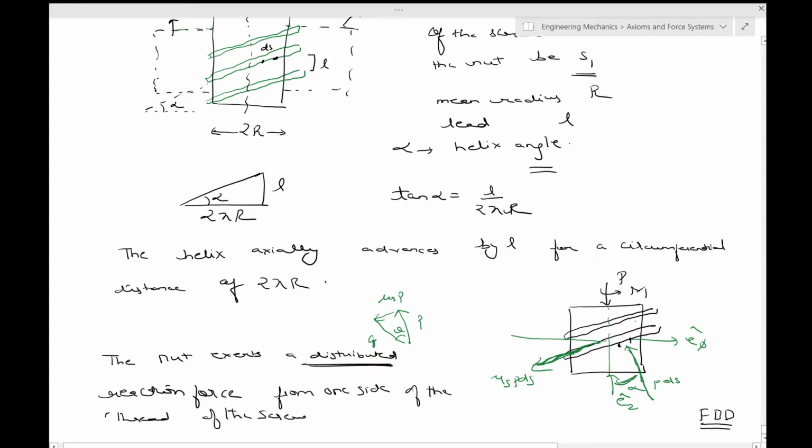So in this case it is on this side of the thread. That's why it has been shown like this and like this. In a separate situation, whether it is rising or whether it is falling, you may have the nut applying the force on the other face as well, but in this particular case it's the bottom face.